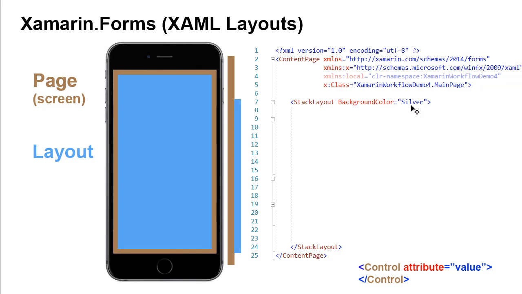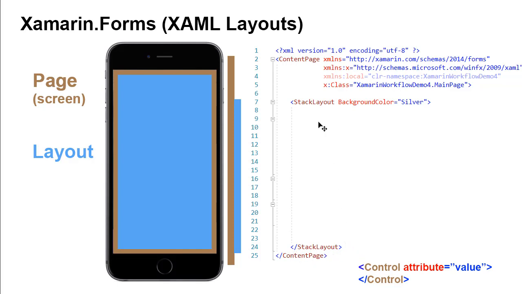A layout also has attributes, so we changed the background color in our earlier demo and made it silver. Don't be confused by the fact I'm using blue here. Show you how the layout is encapsulated within the page. Notice it has a beginning tag and it has an ending tag with a slash as well.